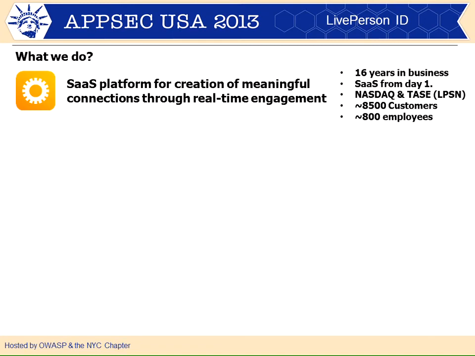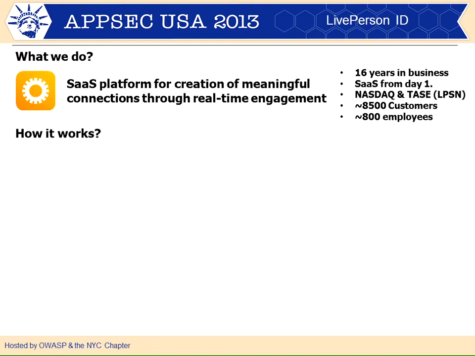We have a lot of customers in different verticals, and we will elaborate on this a bit. And we have 800 employees. When I came to LivePerson 4 years ago, we were about 200 employees and grew to 800 employees, which is a challenge by itself in terms of governance and how you manage your SDLC program in general.